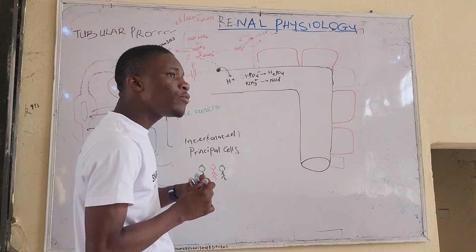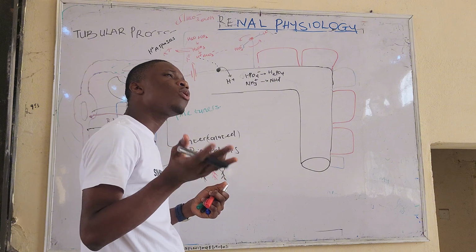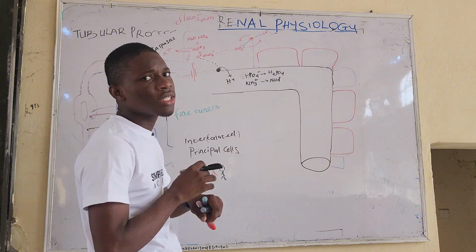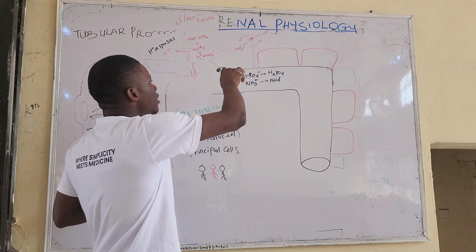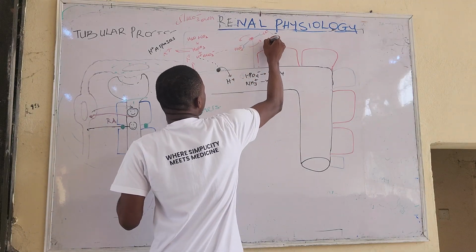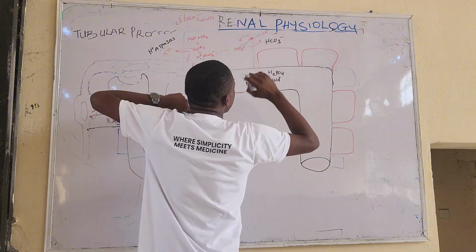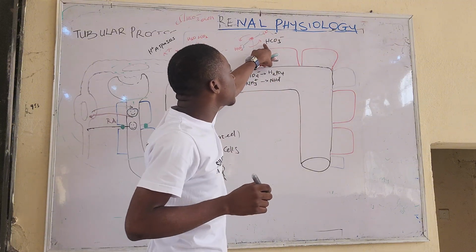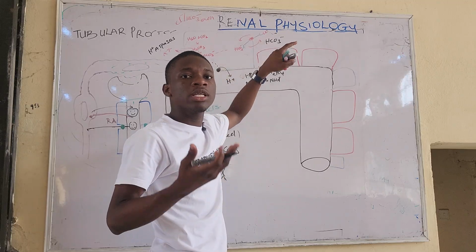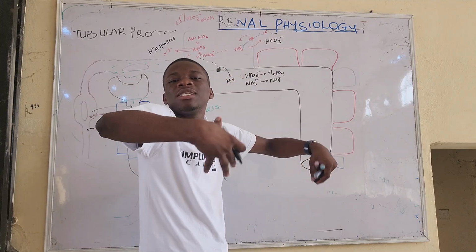Now, when you do renal compensation of acidosis and alkalosis, that's when you appreciate this much better. This HCO3 that is entering, now this HCO3 is going outside, right? It is going to make the blood more alkalotic, more basic.